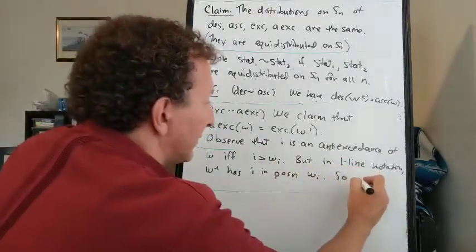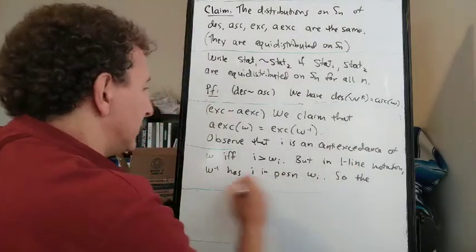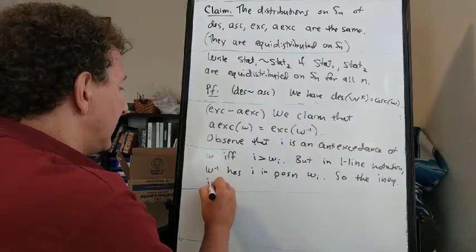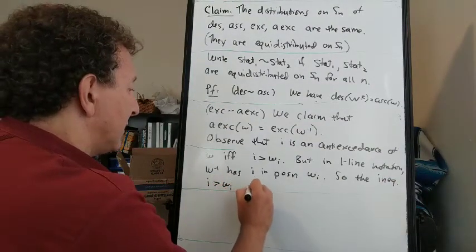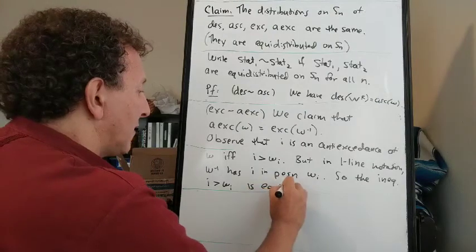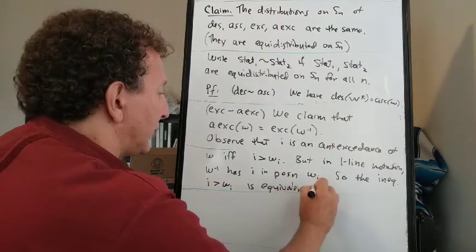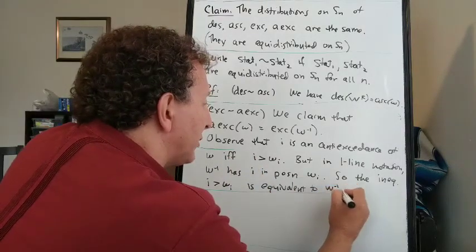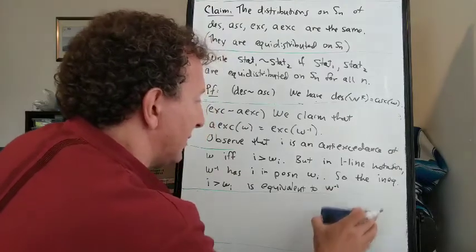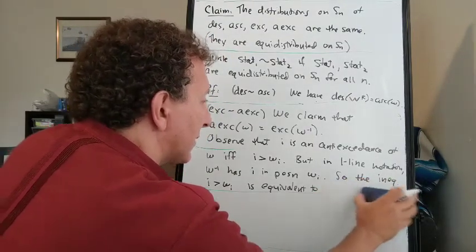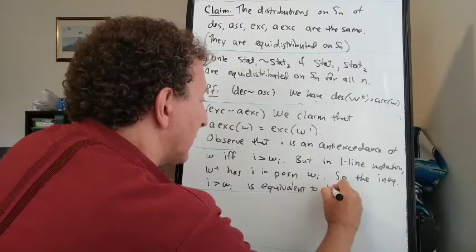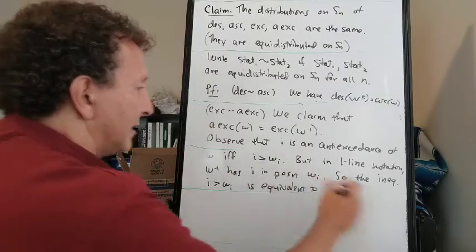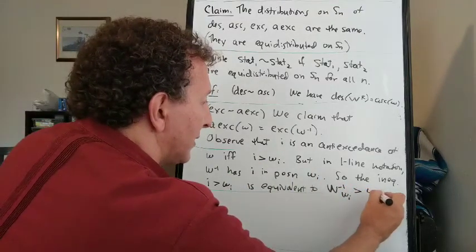So that means that the inequality I is greater than Wi is equivalent to I is whatever W inverse has in position Wi. So that's just I, which is greater than Wi.